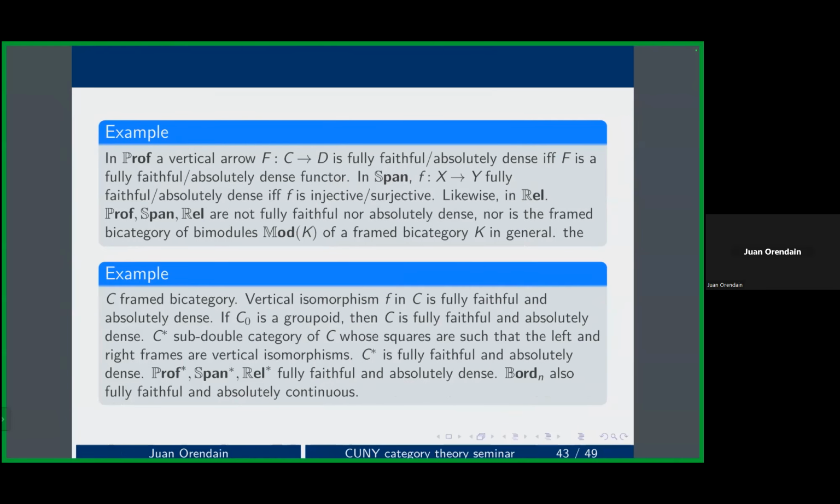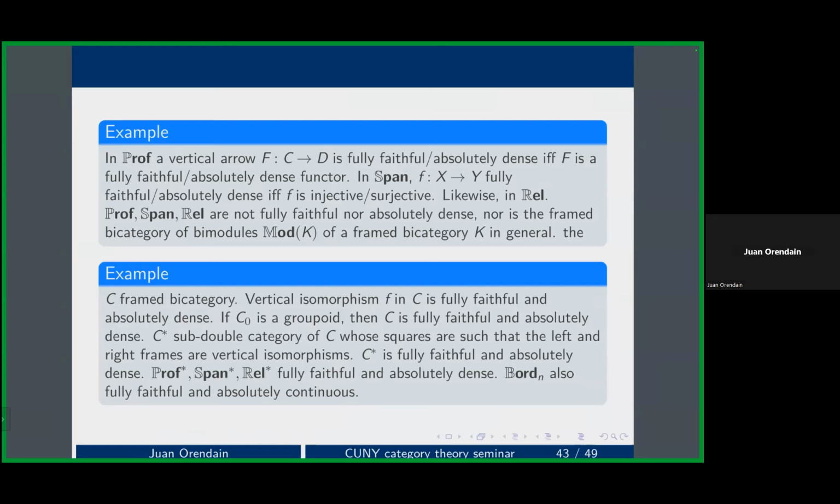All right, so this is important. In the double category of profunctors, in the frame bicategory of profunctors, a vertical arrow, a functor, is fully faithful if and only if as a functor it is fully faithful, and is absolutely dense if and only if as a functor it is absolutely dense, so surjective on objects.